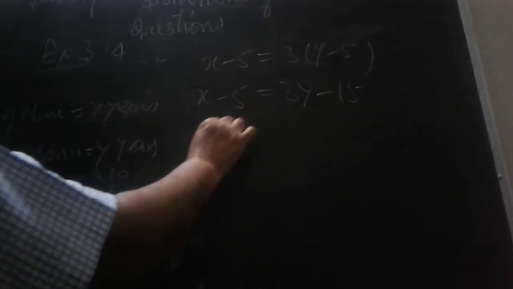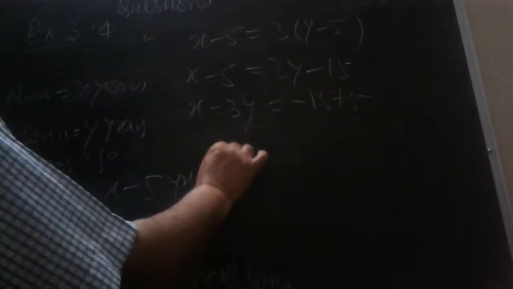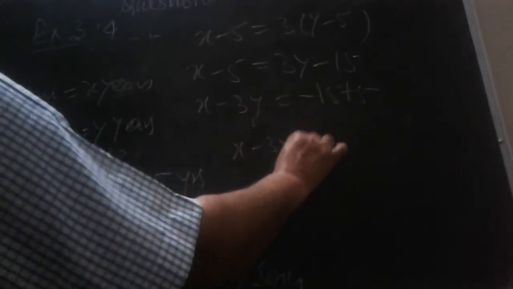Now we are forming the equations in two variables, and we have got the equation x minus 3y equals minus 10. This is the first linear equation in two variables in accordance with the given conditions.